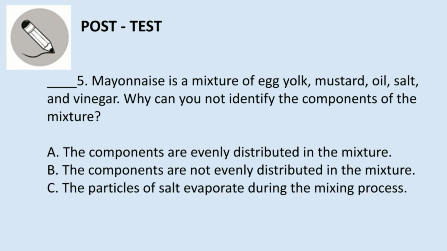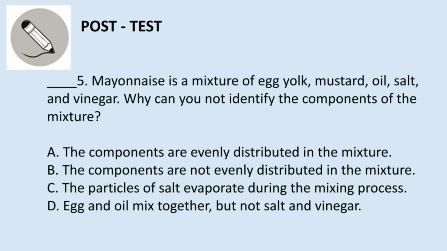C. The particles of salt evaporate during the mixing process. And D. Egg and oil mixed together but not salt and vinegar. Write down your answer. Okay, you are done. Let's check your answer.